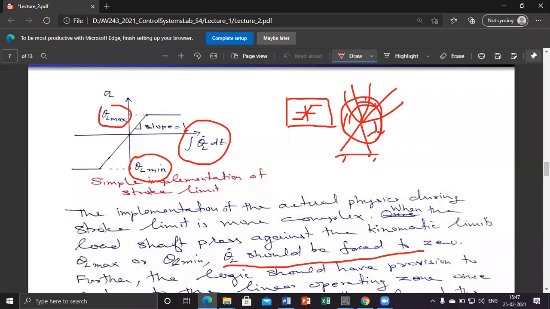If you want to model that impact dynamics, you should model the contact stiffness. There is a term called coefficient of restitution. It will bounce back, or be a perfectly elastic collision, or a perfectly inelastic collision, or a damped collision. So there is no end to it.